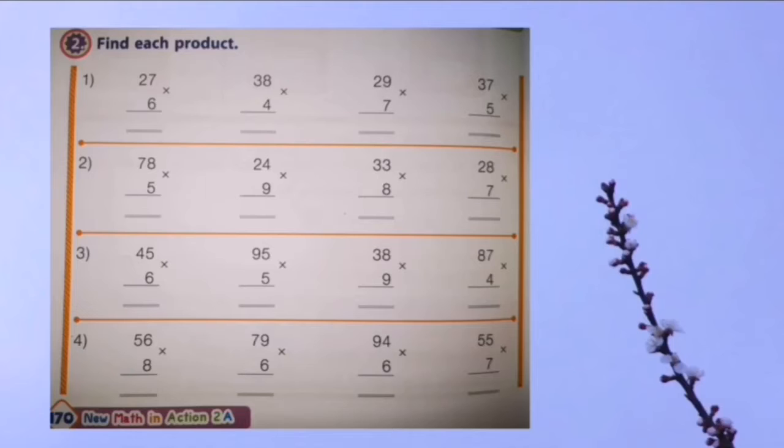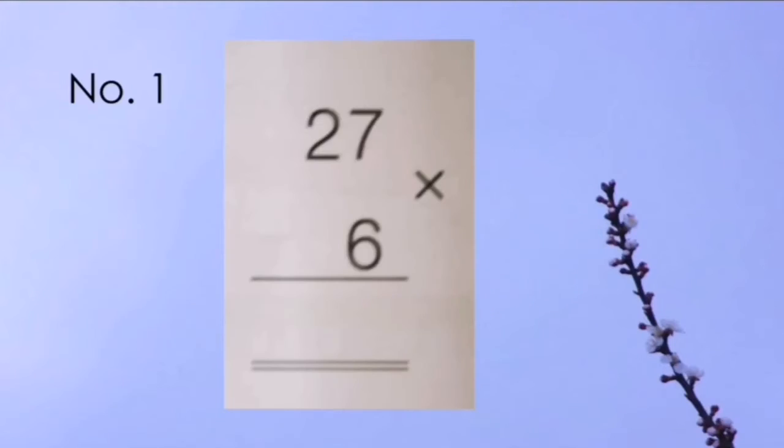Find each product. For this exercise, I will be giving you two examples as your guide so that you will know the right way when we multiply numbers. I will be giving you an example for number 1, which is 27 times 6. So here is our example. These numbers have different names.